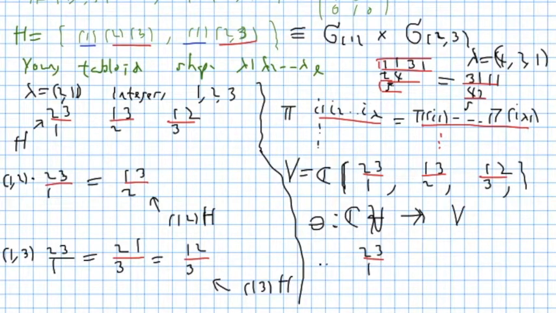So I define it as H goes to this tabloid. This coset goes to 1 3 over 2.